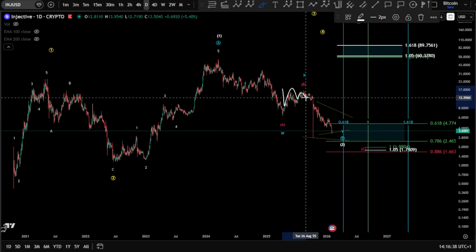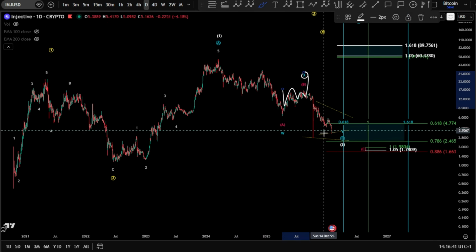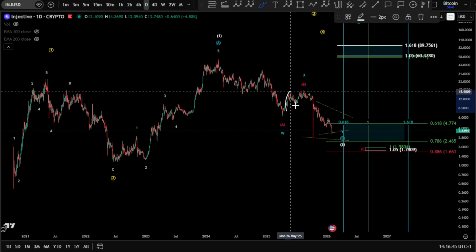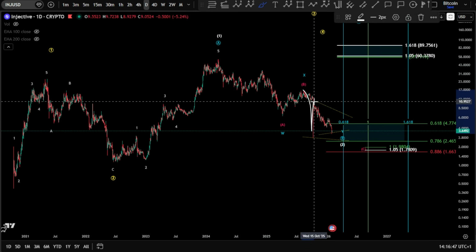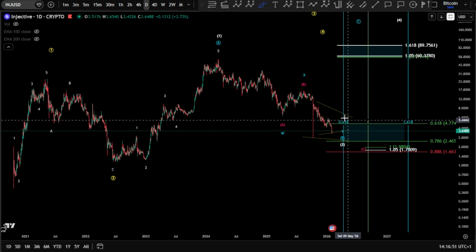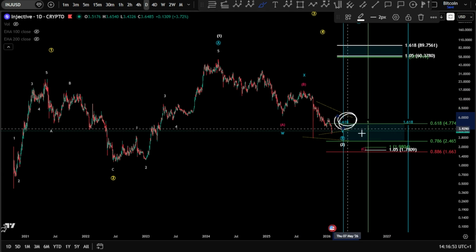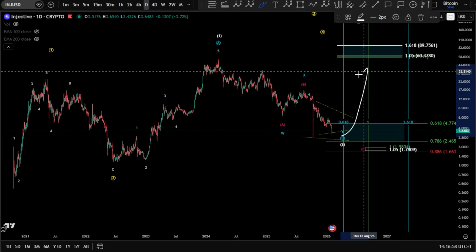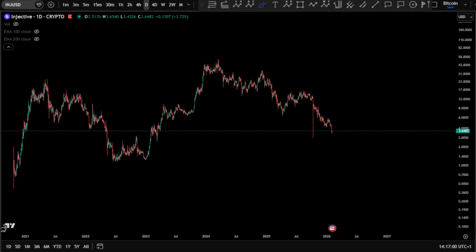Rndr and FET had already triangles in the X, which is not possible to get in the Y, but with Injective, the X is a zigzag, so it is very likely to get the triangle in the Y here. Meaning, again, the fight with time, potentially to finish the structure there and start the push toward the upside one more time for Injective.